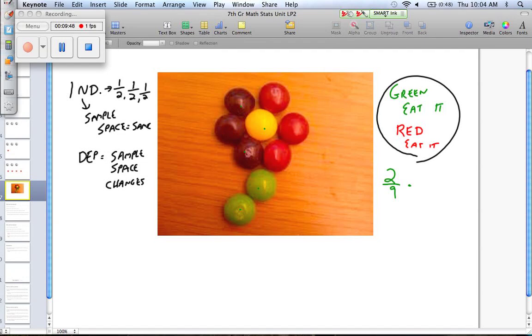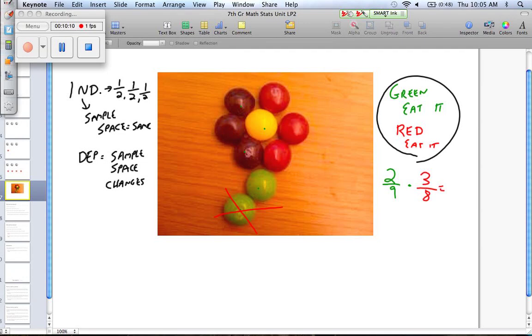Now, what is the probability of me getting a red? How many reds are there? 3. How many total Skittles do I have? Not 9, because I ate one of these greens. That's gone. It's not back in the sample space. So how many do I have left? 9 minus 1 is 8.